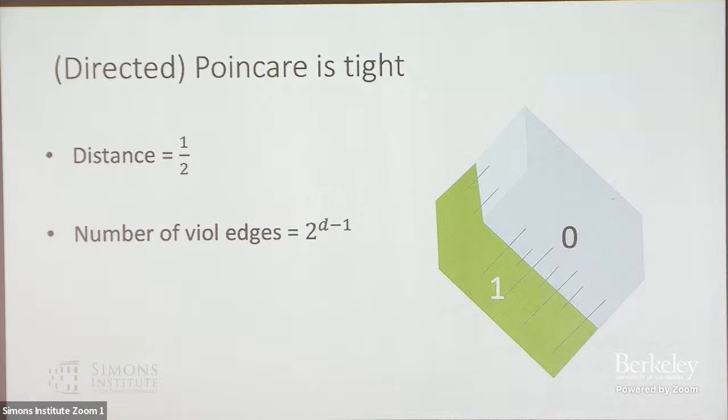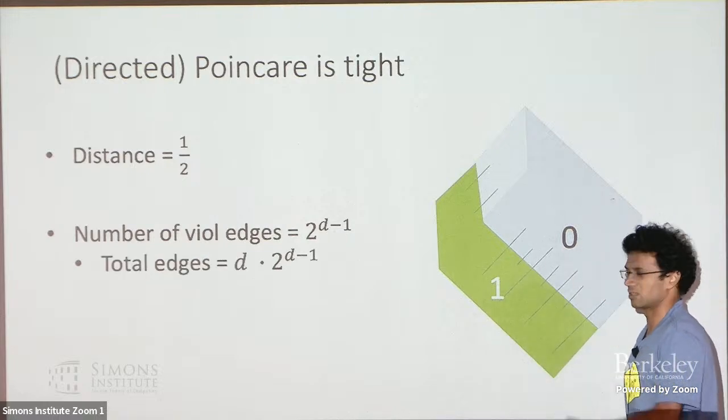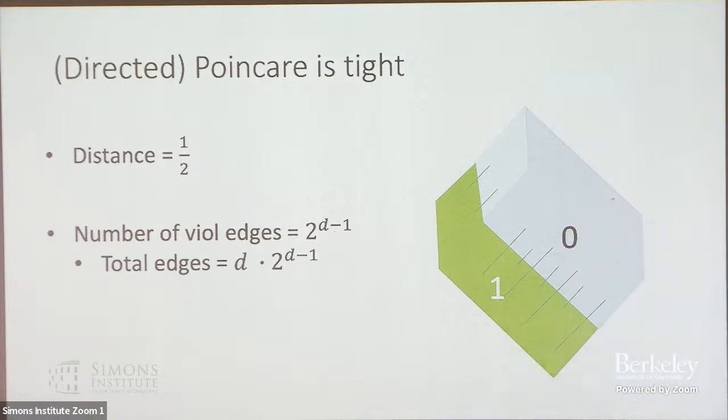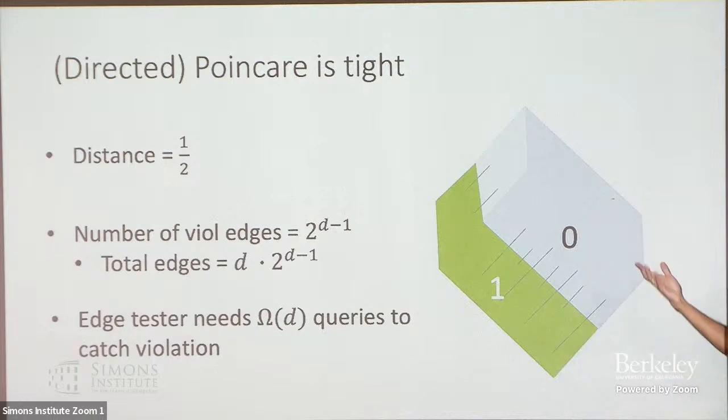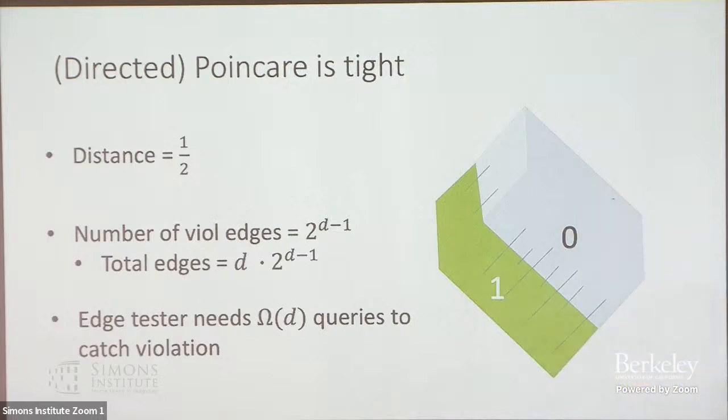The number of violated edges is 2 to the d minus 1, all the edges crossing this dimension, and the total number of edges is d times 2 to the d minus 1. So this shows that Poincare is tight. It also shows that the edge tester needs Omega of d queries to catch a violation. Okay. So we know that Poincare is tight.